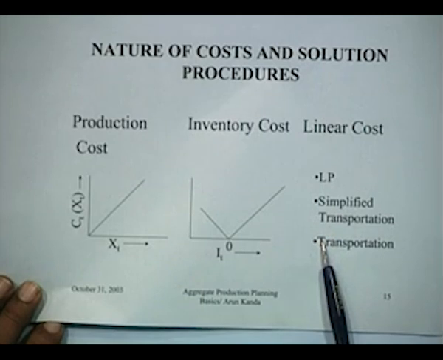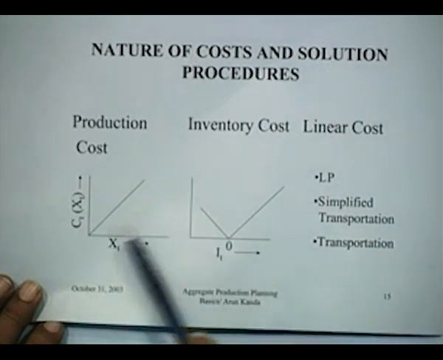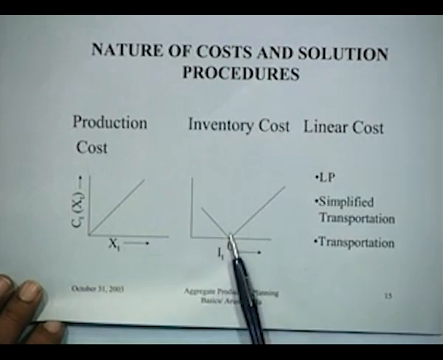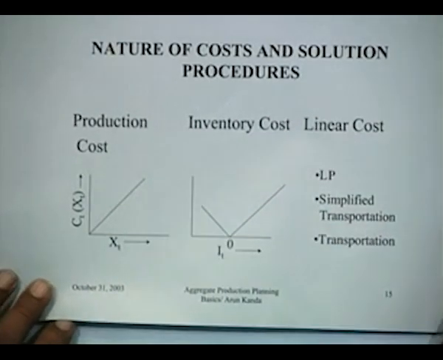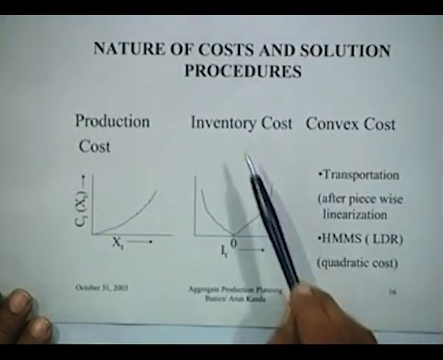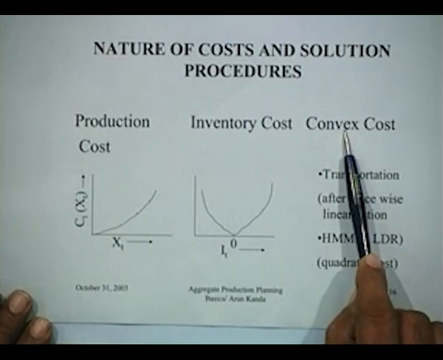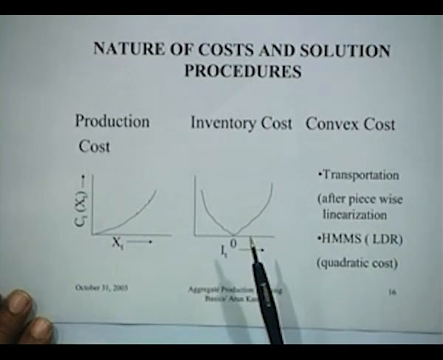But the point here is that these solution procedures that we have identified here are valid only if the cost structure is linear for both production costs and for inventory holding and shortage costs. Then you can use any of these procedures. On the other hand, if costs are convex, this is now a case when all the costs are convex.